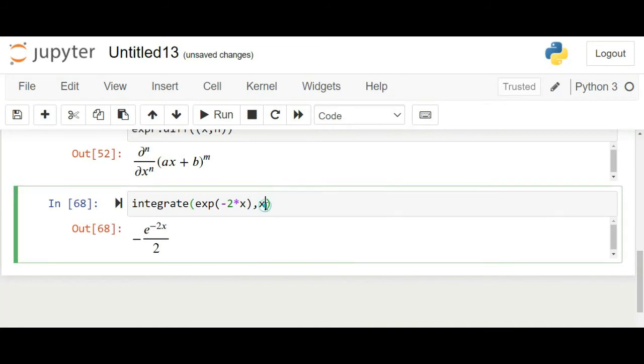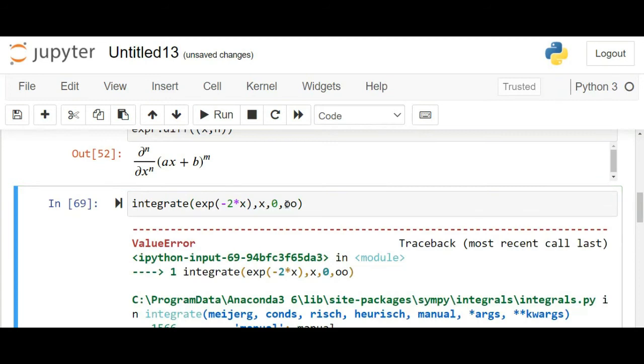And suppose we want 0 to infinity, we want to find the integration of e raised to the power minus 2x from 0 to infinity, just like x comma 0 and comma, double O, which is infinity, 0 to infinity.